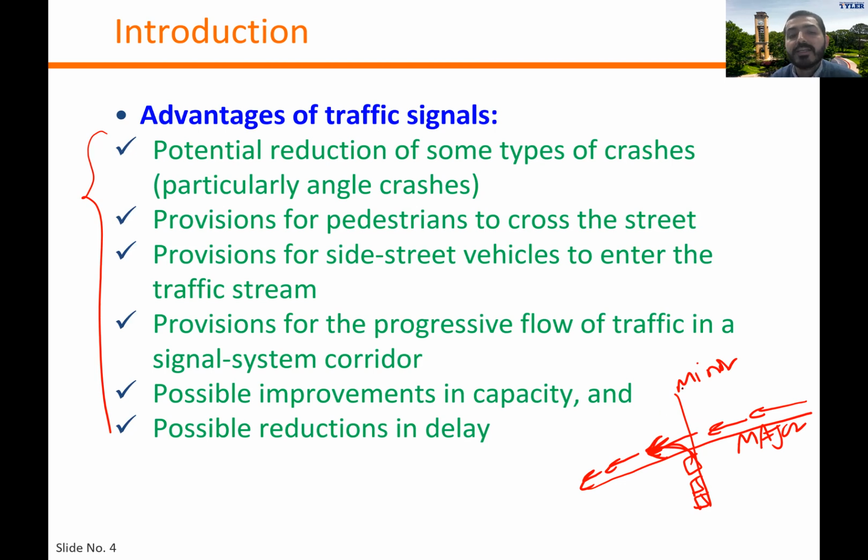Having a traffic signal provides side street vehicles a chance to enter the traffic stream. A traffic signal can also provide for progressive flow of traffic along a signal system corridor. It can also bring improvements in capacity, as well as reduce the amount of traffic delay.